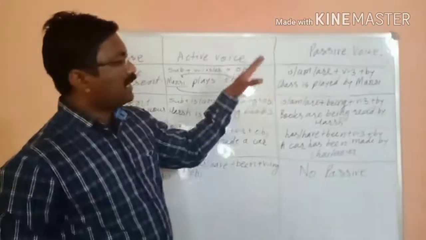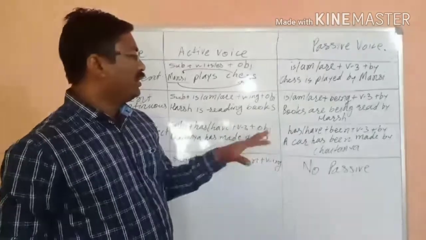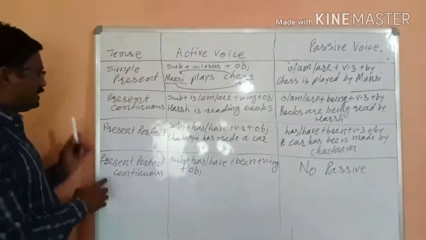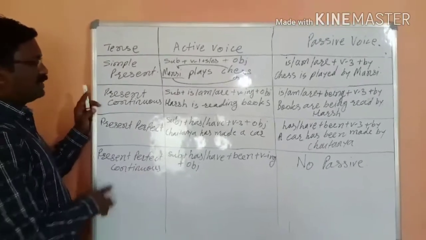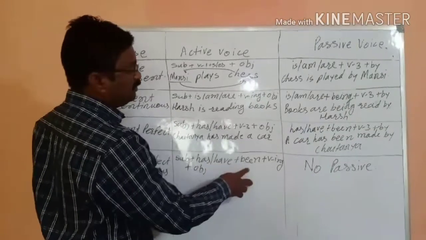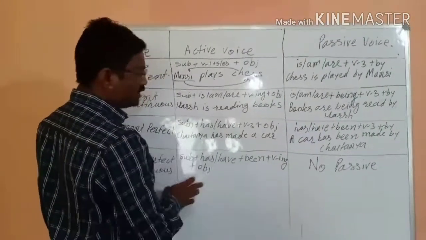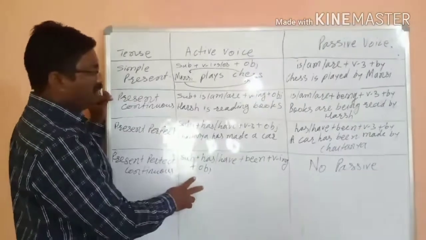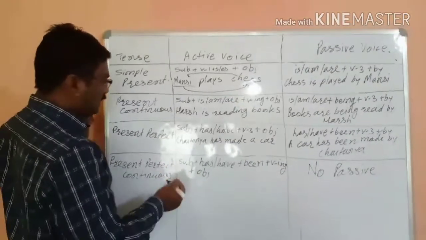I request you to write down this table also in your notebook. Present perfect continuous tense. Subject plus has, have plus been plus VING plus object. And here we will take any example.